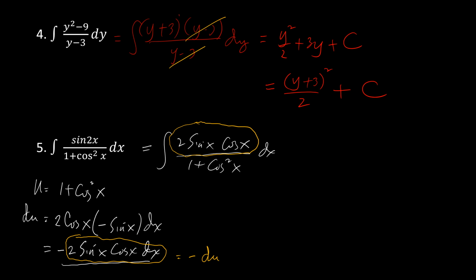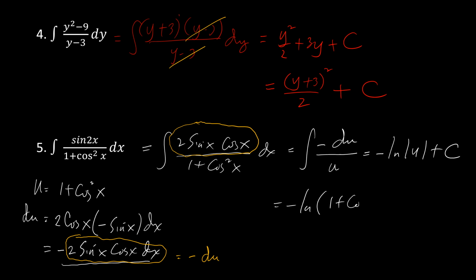So we shall write this now as negative du all over 1 plus cosine squared x, which is your u. That leads us to negative ln absolute value of u plus c. And we know that u is 1 plus cosine squared x plus c.